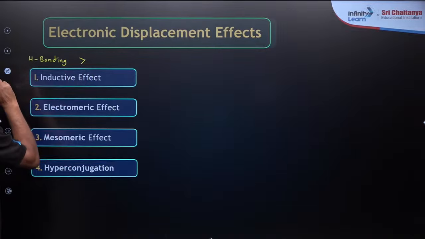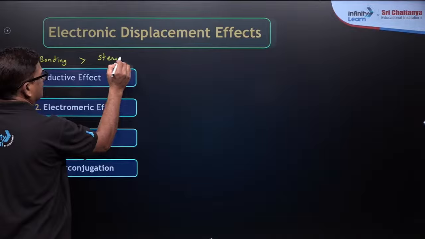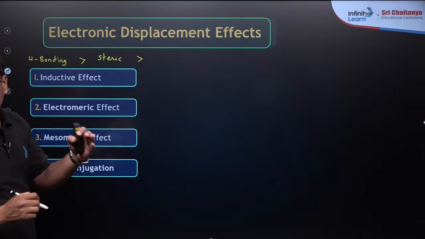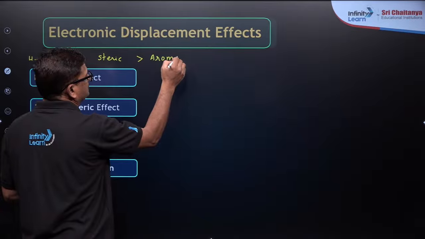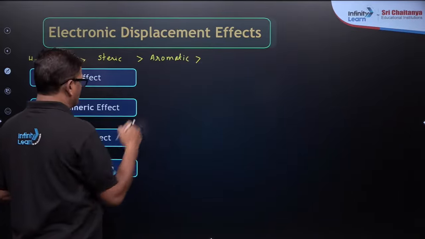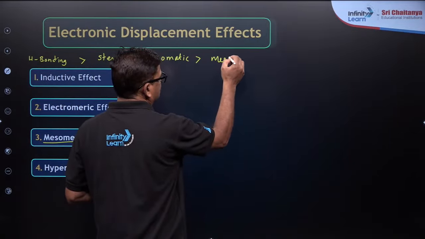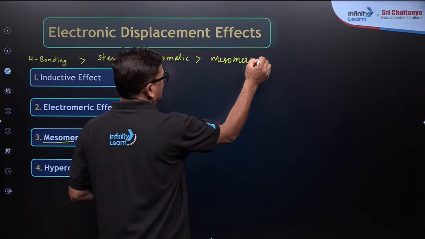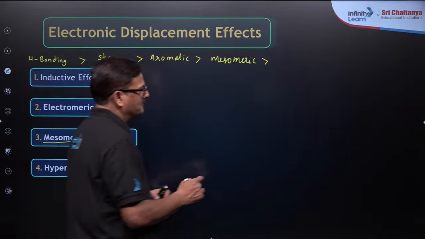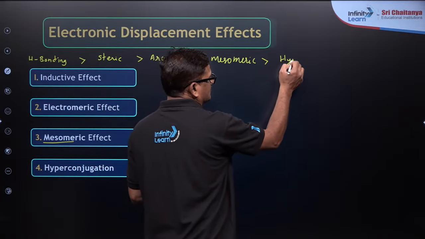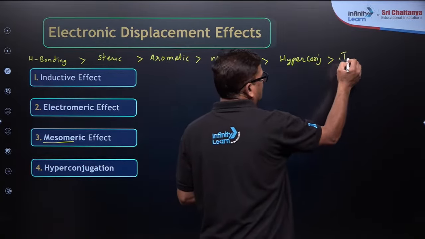After that, you have to say steric effects is going to take over, aromatic effect is going to take over, resonance or mesomeric effect is going to take over, hyperconjugation, and at last inductive effect will come.